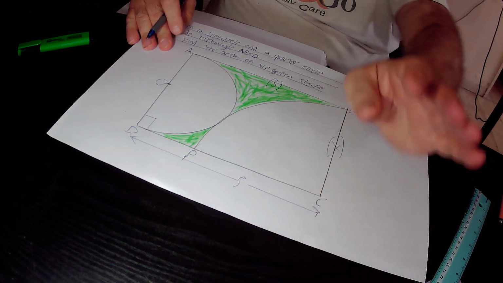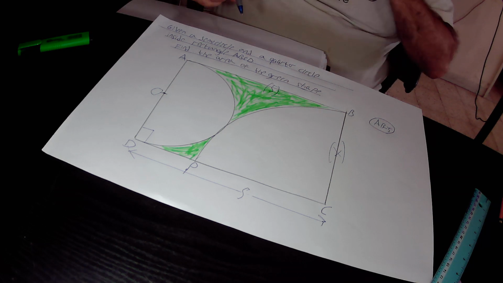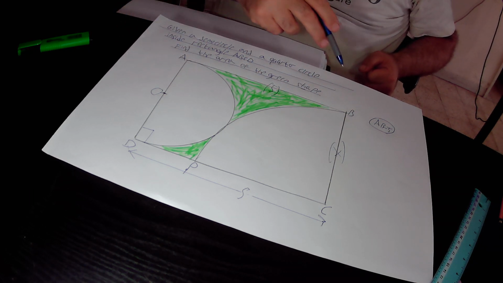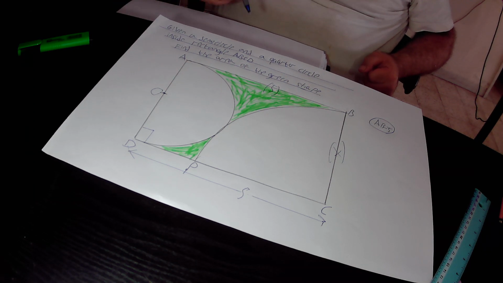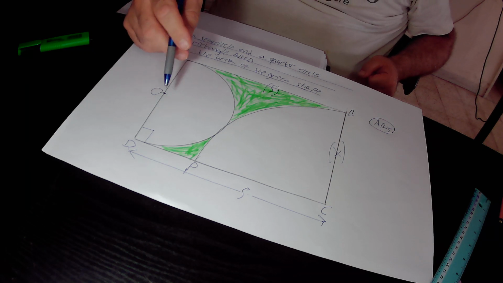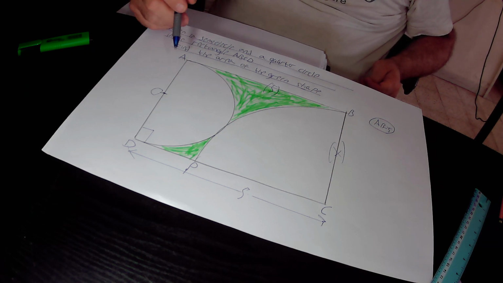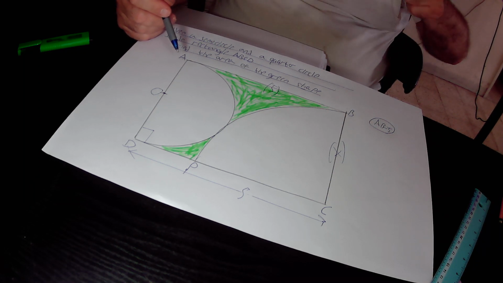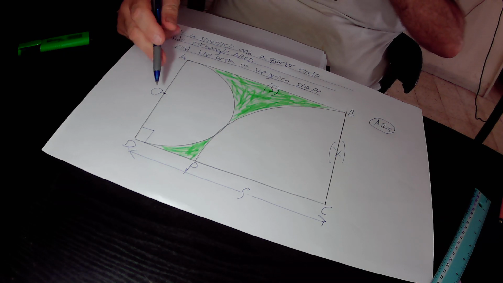We know that the opposite sides of a rectangle are equal to each other. So in rectangle ABCD, side BC must be equal to the opposite side AD. But BC is x, therefore AD must also equal x. AD is one side of rectangle ABCD, but AD is also the diameter of this semicircle.